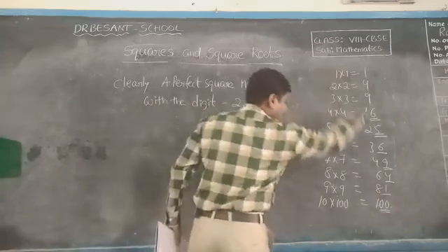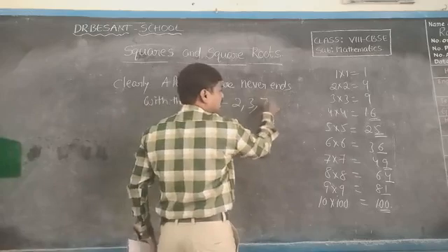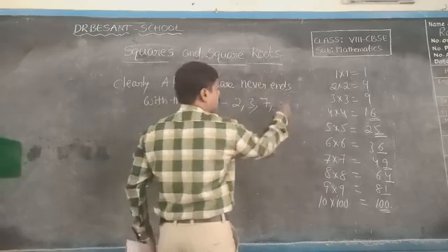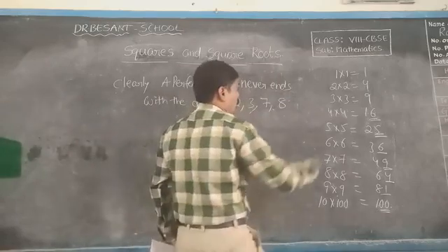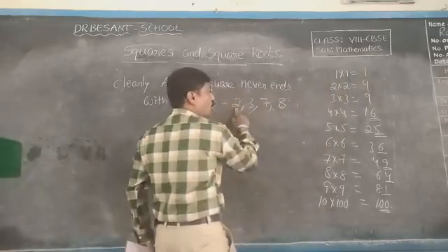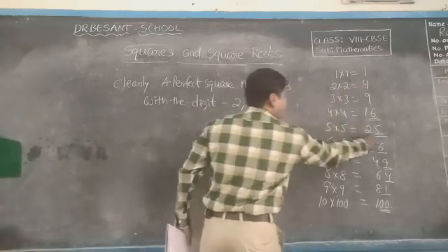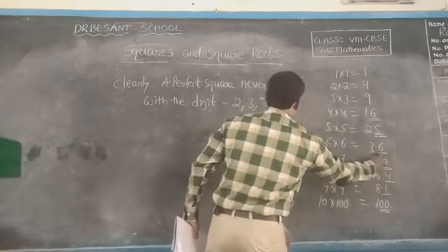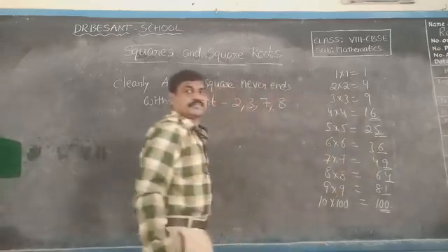There is no 3 in the units place. 7, no. 8, no. See, 1, 2, 3, 4, 5, 6, 7, 8, 9.